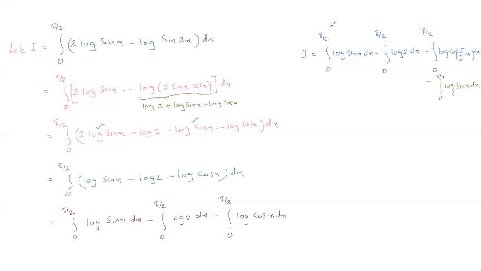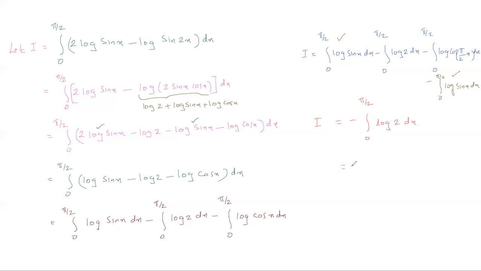So the first one, integral 0 to pi by 2 log sin x dx, and minus integral 0 to pi by 2 log sin x dx, that will be cancelled. Remaining, I is equal to minus integral 0 to pi by 2 log 2 dx.